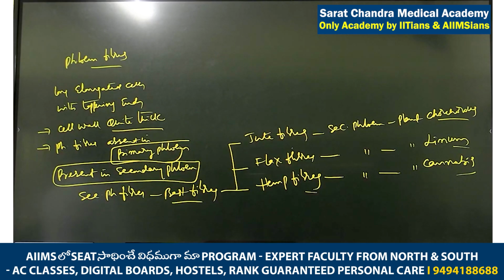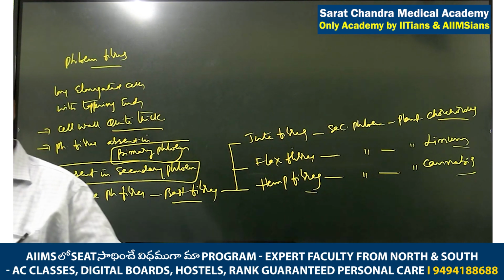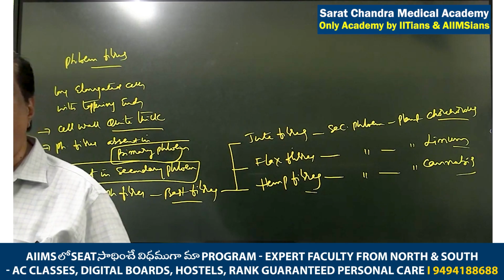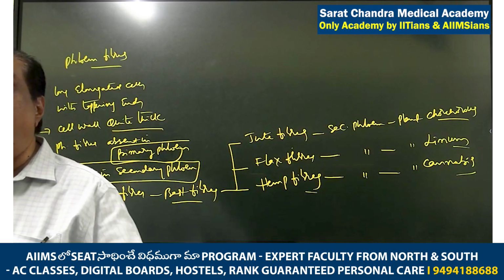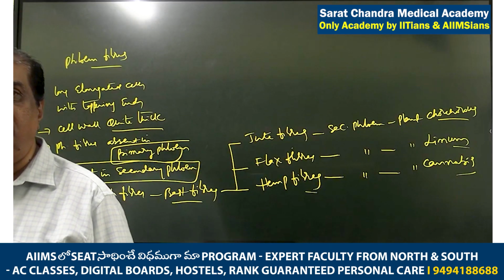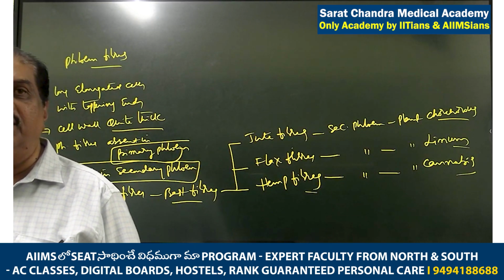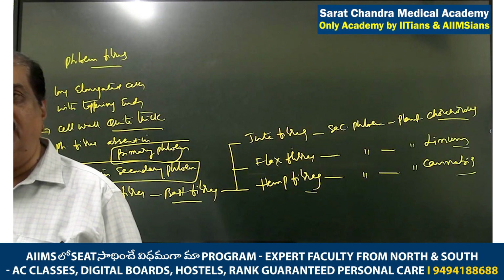That is about fibers. Phloem fibers are long elongated cells with tapering ends. The cell walls are quite thick. The mature phloem fibers are without protoplasm, so they become dead cells. Phloem fibers are absent in primary phloem, present in secondary phloem, and may also be called bast fibers.